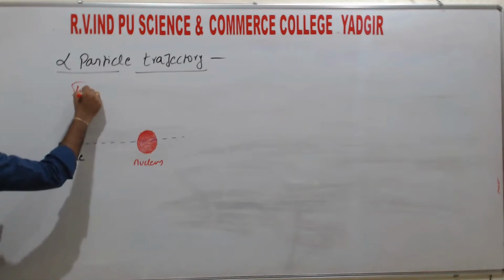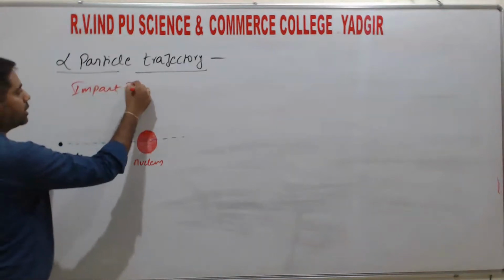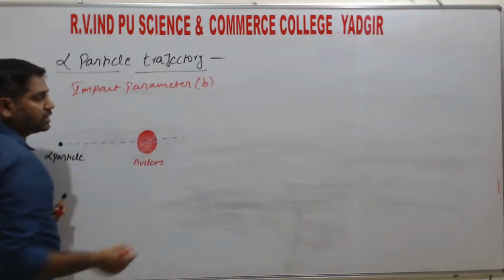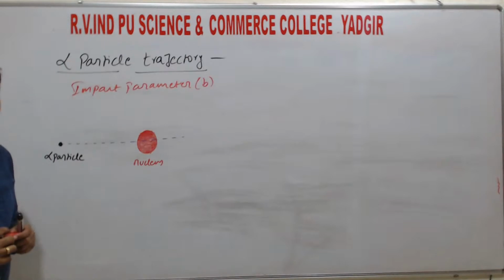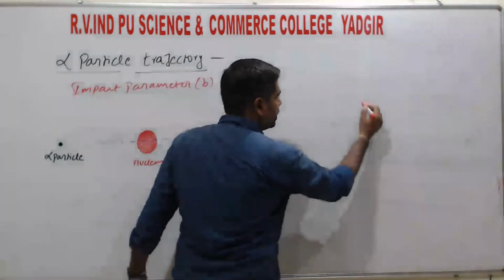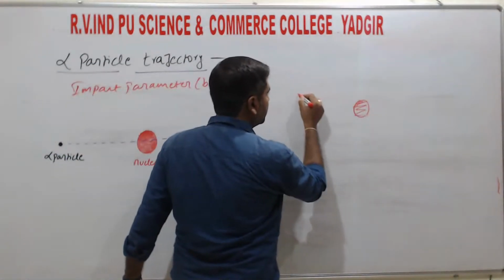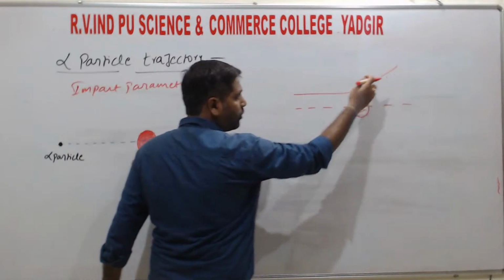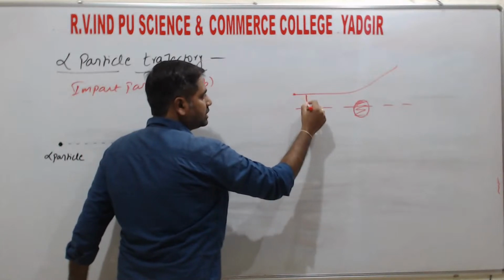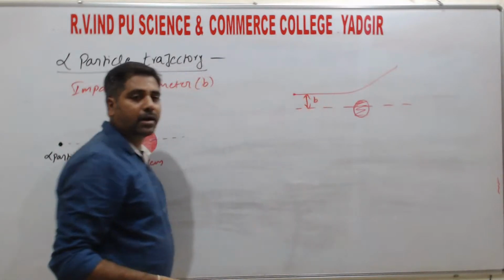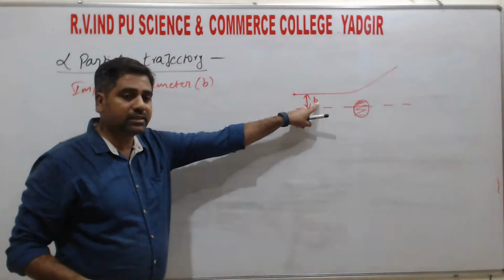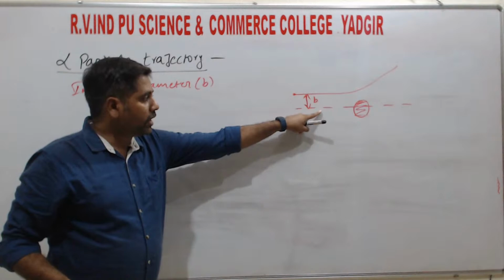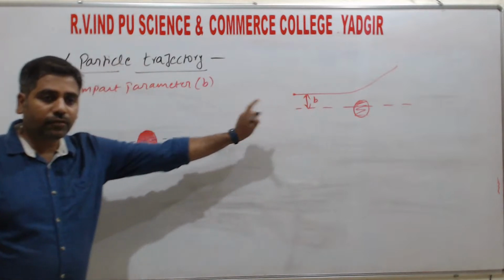So here the impact parameter is represented by b, right? In the last, I will explain: this is the nucleus and this is the trajectory of the alpha particle, right? So this distance is the impact parameter b, that is the perpendicular distance of the initial velocity vector of the alpha particle from the center of the nucleus of the atom, right?